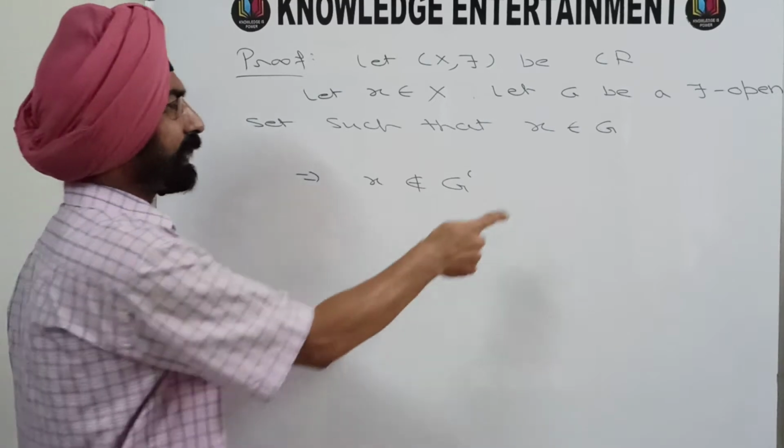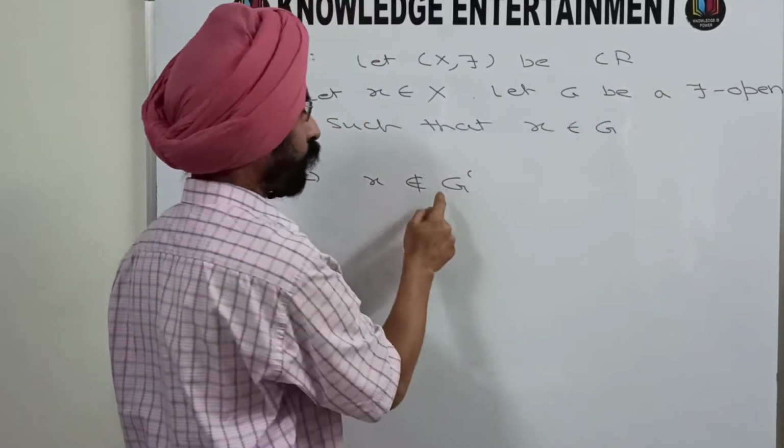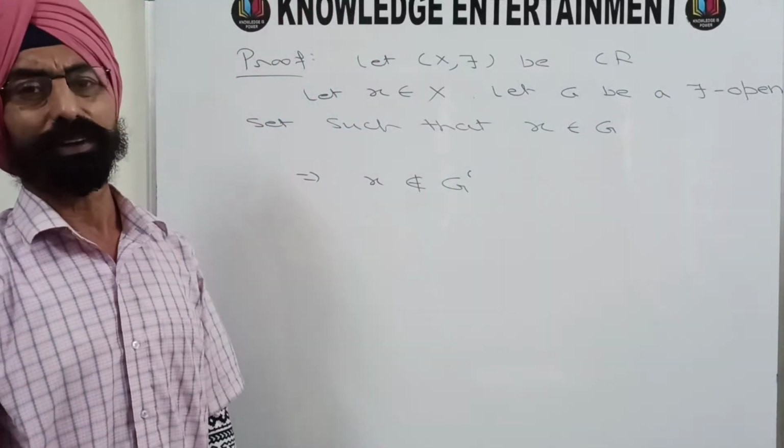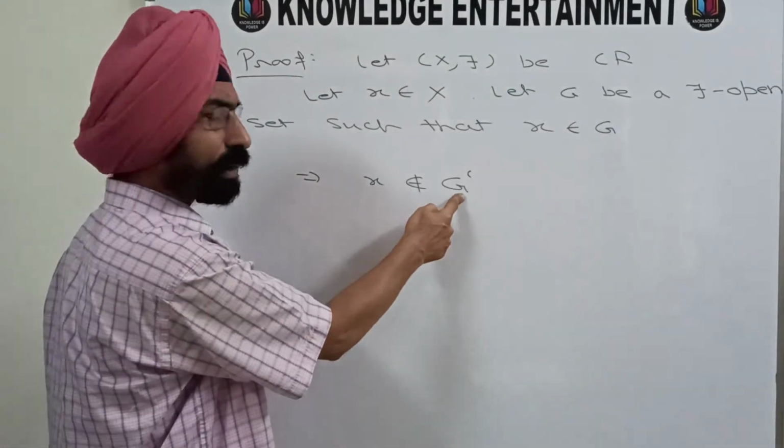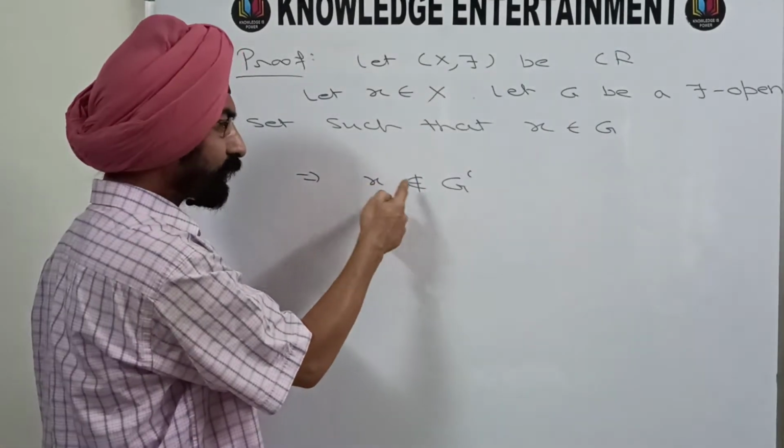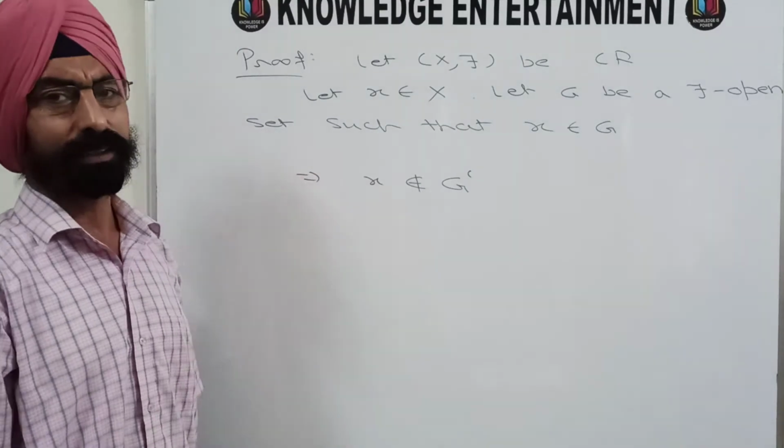Now, G was open, so what about G complement? Definitely it will be closed. So we have a closed subset of X and a point x not belonging to that closed set.